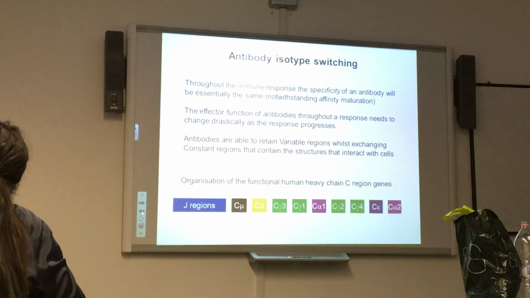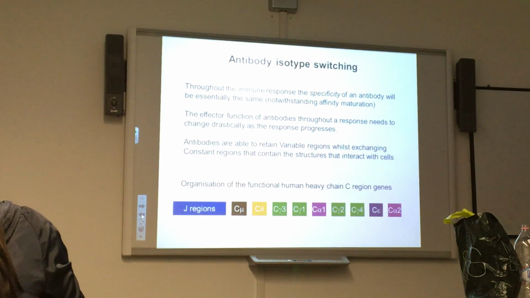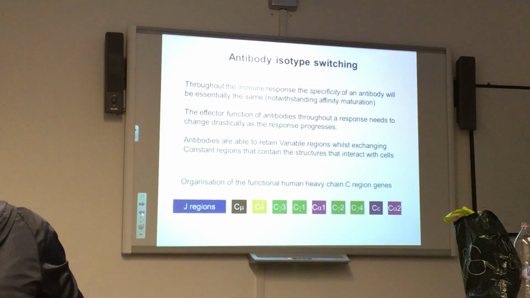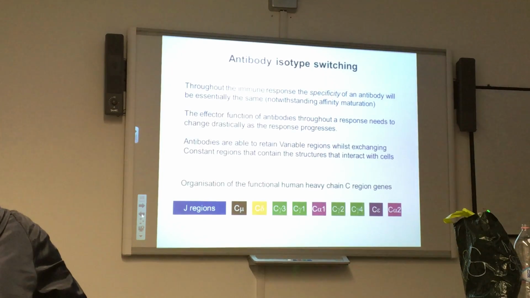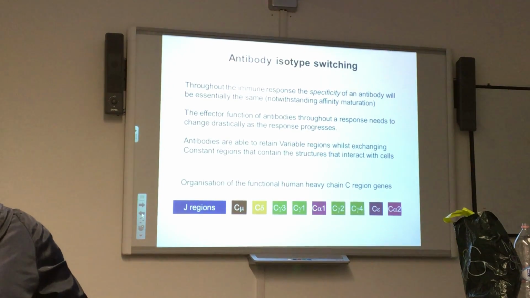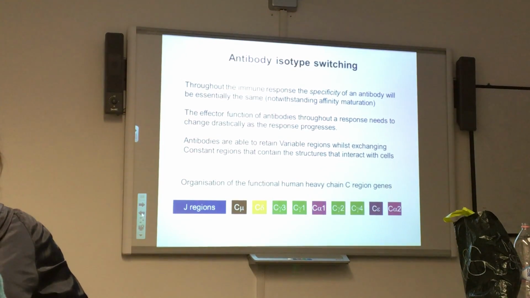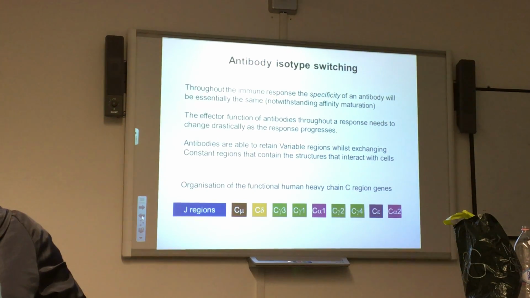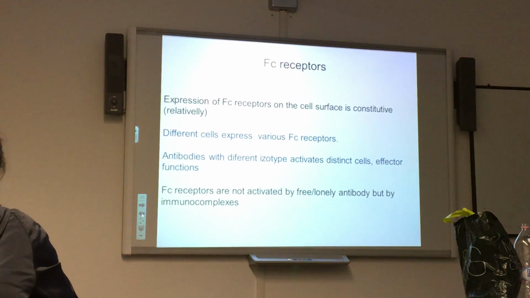So the constant region is very important in the isotype switching. You see that there are 9 fragments of constant region, and different combinations of these regions determine the isotype of the produced antibody.